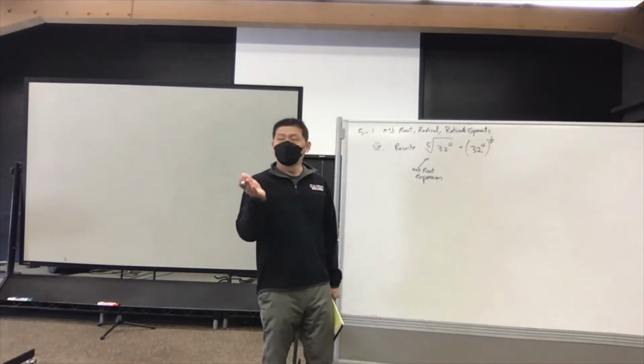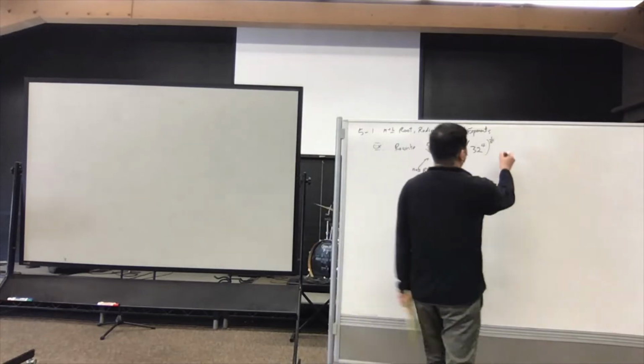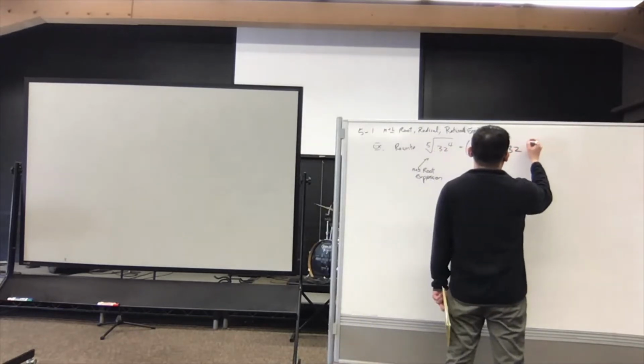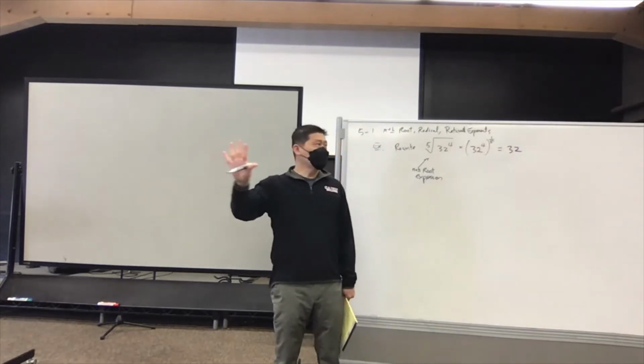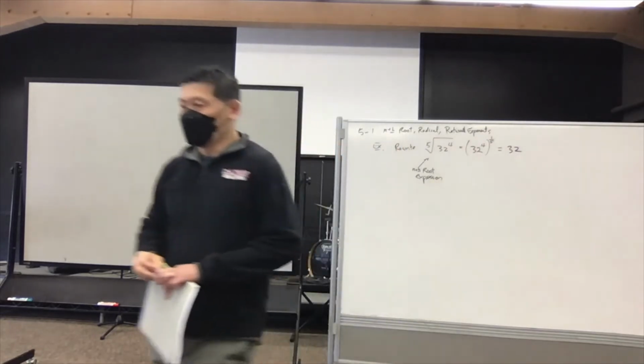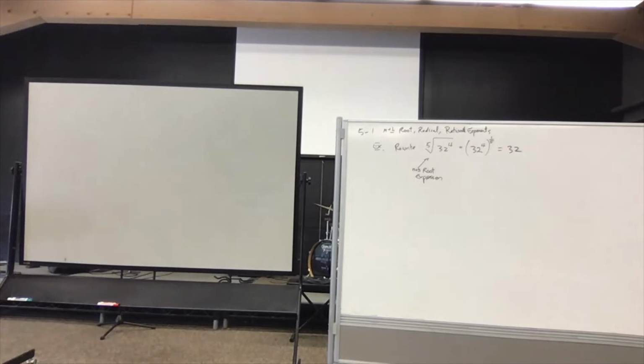And I can simplify this a little bit more. How we do this is based on the 5 properties. I think you all received them. Have you ever seen this one? Yeah, you know what I'm talking about, right?